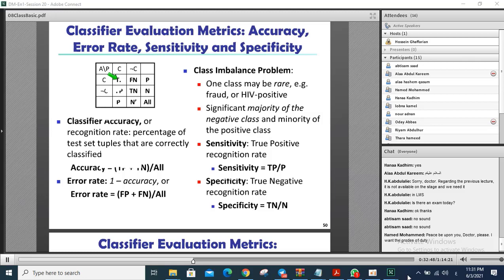Here we define that accuracy is the total number of records that we predict their class labels with 100% precision.